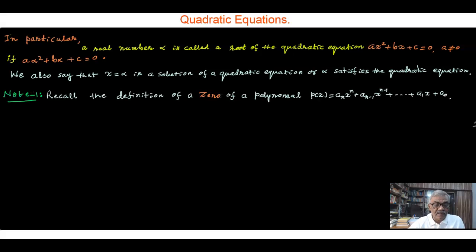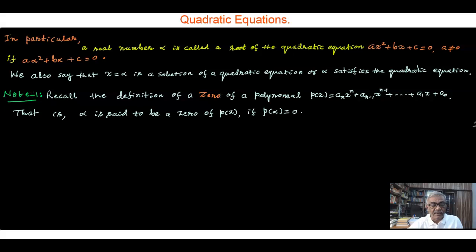And note here, recall the definition of zero of a polynomial p(x) is equal to an x raised to n plus an minus 1 x raised to n minus 1 plus etc plus a1x plus a naught. What is the definition of zero of the polynomial? Now that is, alpha is said to be zero of p(x) if p of alpha, that is the value of the polynomial at x equal to alpha, must be 0.